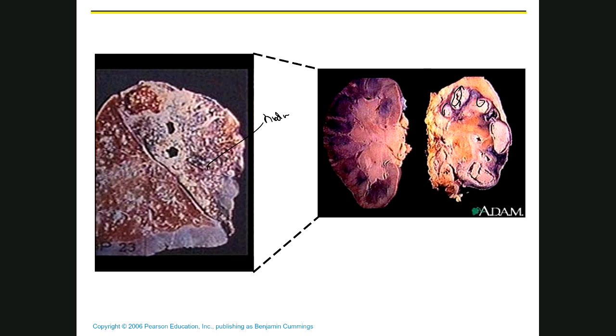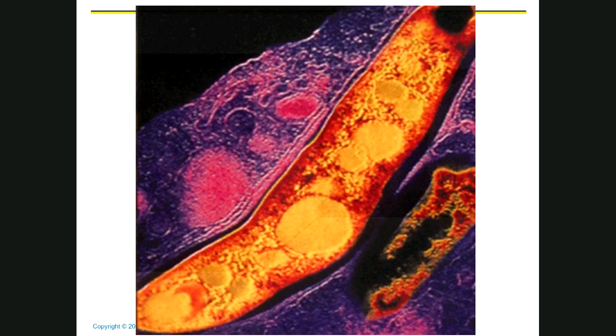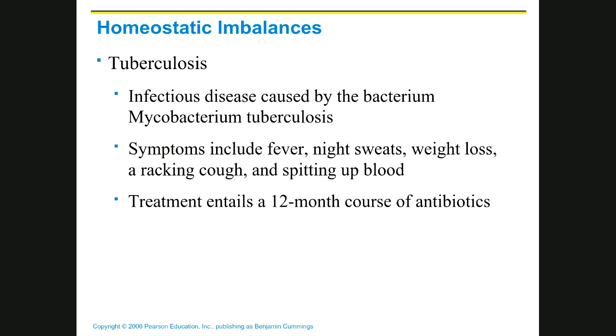And if you take a person's lungs and look at them in autopsy, this is what they look like. But you can also see them on an X-ray, and that's what they look like. So these are those nodules that are formed around those bacteria. Well, sometimes the nodules rupture, and so you cough up or spit up blood.